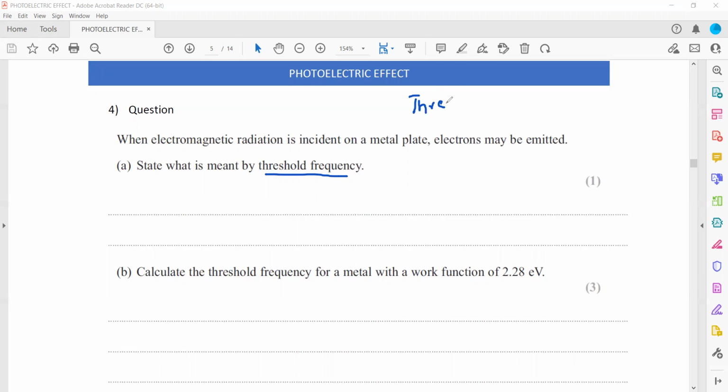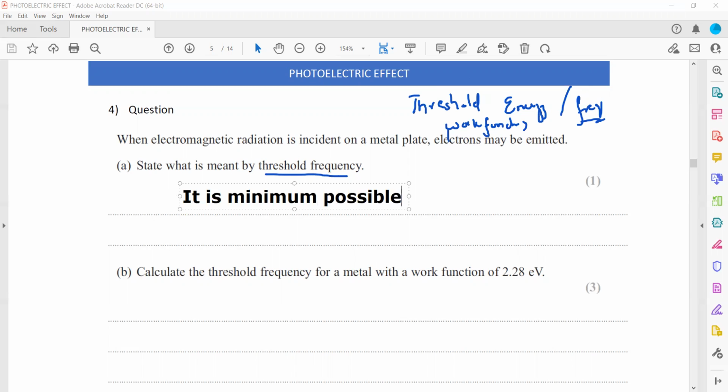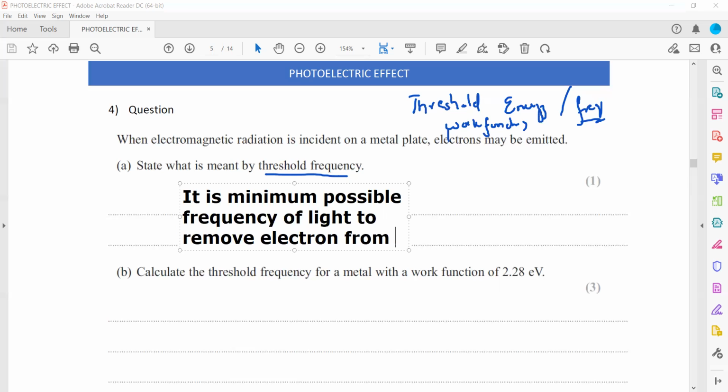So threshold can be energy, threshold can be frequency. Energy is also known as the work function. We also say that as the work function, or threshold frequency. So what is the threshold frequency? It is the minimum possible frequency of a light to remove an electron from the metal.